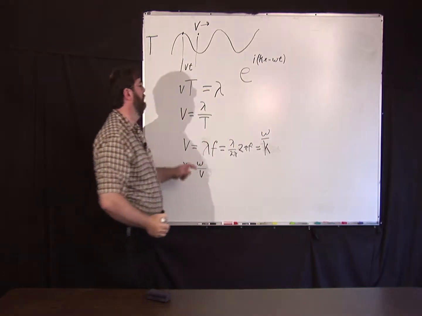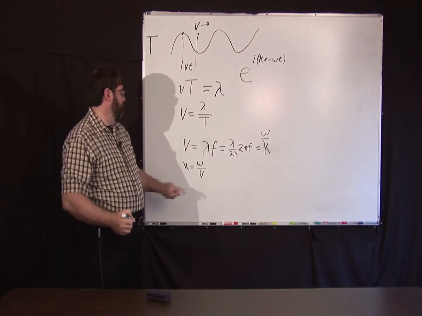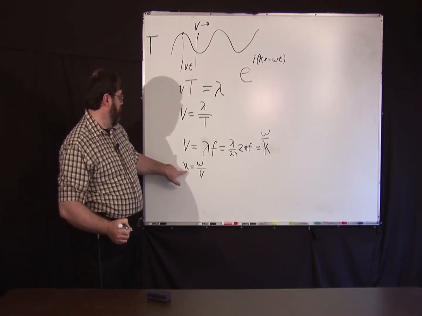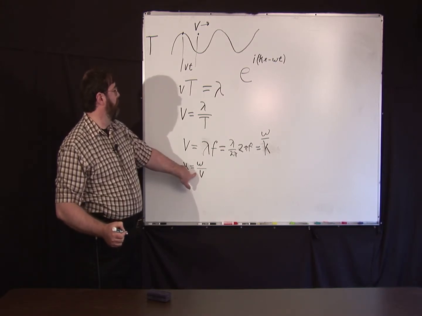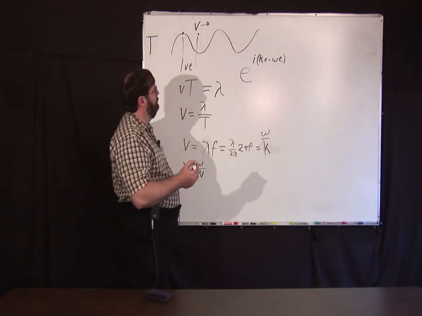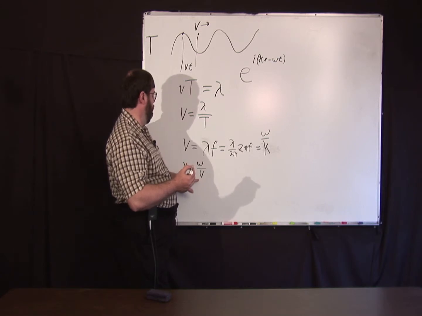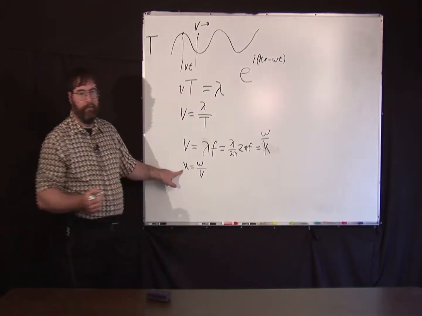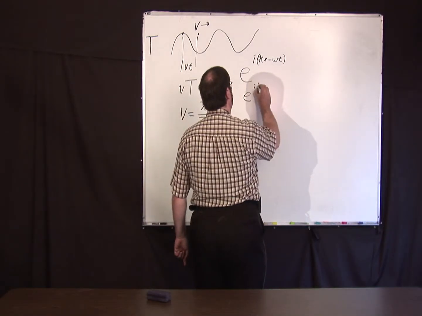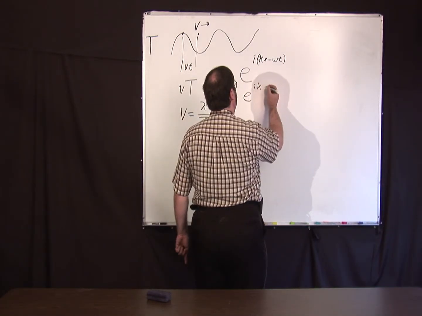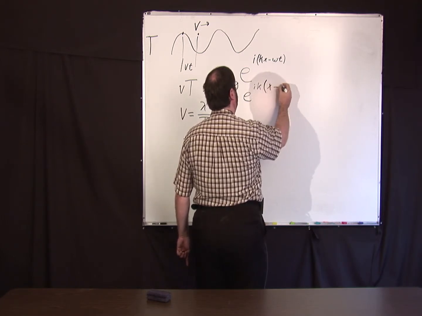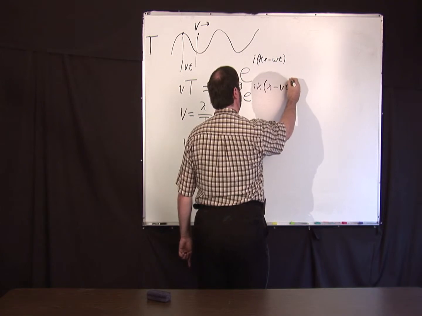So there's a relationship now between k and omega. k is omega over v, so we could also say that omega is kv. So this is like e to the i k times (x minus vt).